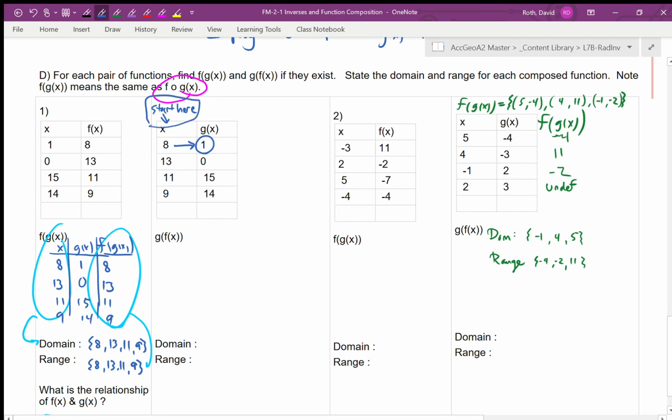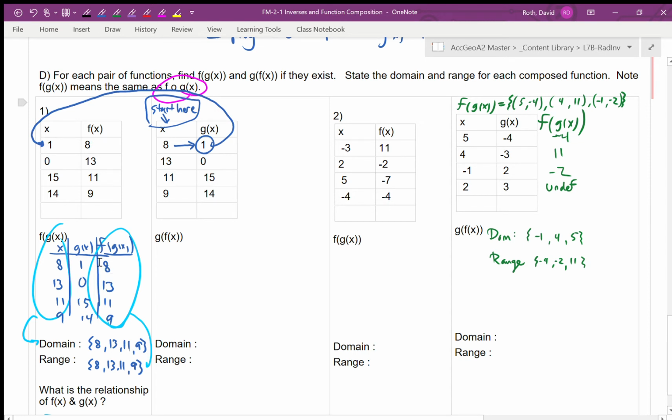Because when I'm doing f of g of x, the first thing I've got is this x value right here, 8. I plug it into g of x, I get a 1. Now I'm going to take that output value, g of x of 1, and plug it into the f function. And then I go back over here and I say, well, I better have a 1 defined here. And indeed, that 1 right here, when I plug 1 in, it yields an 8.